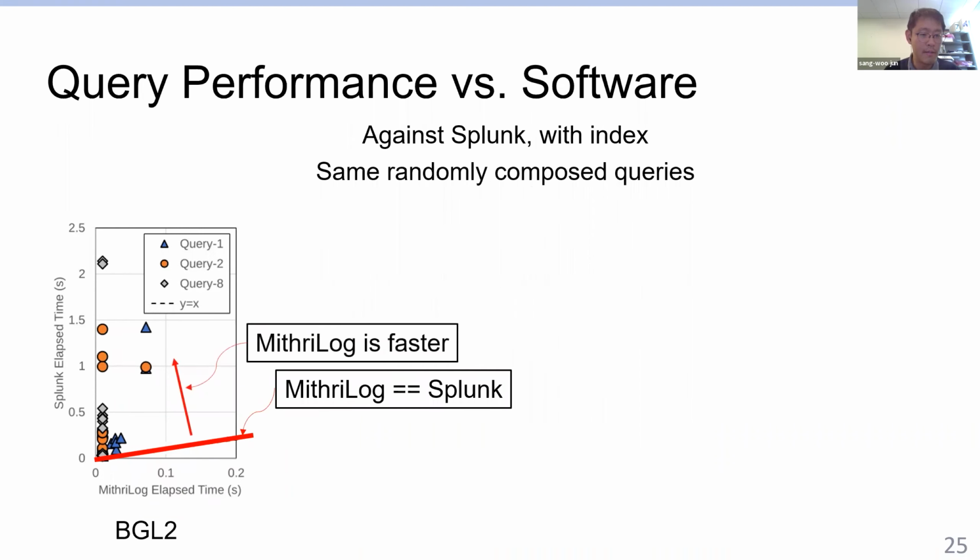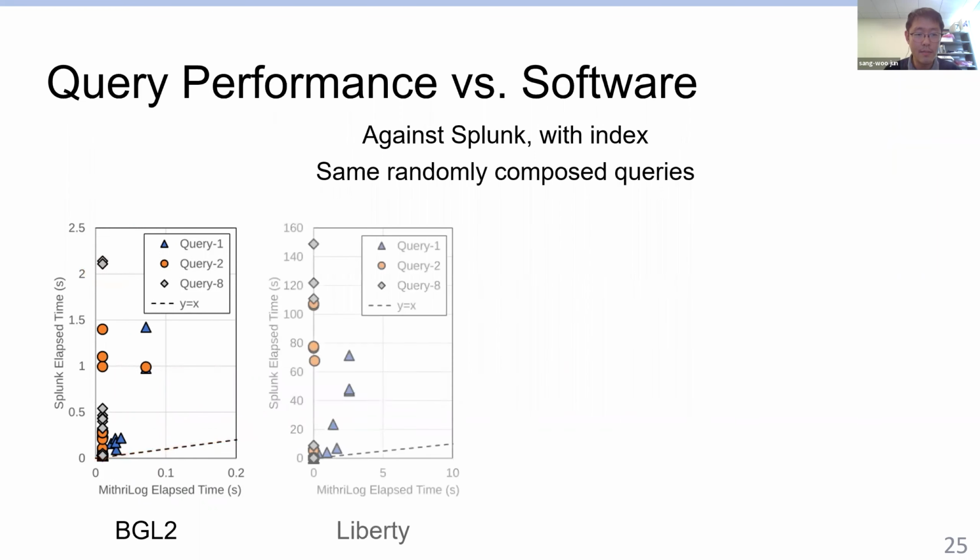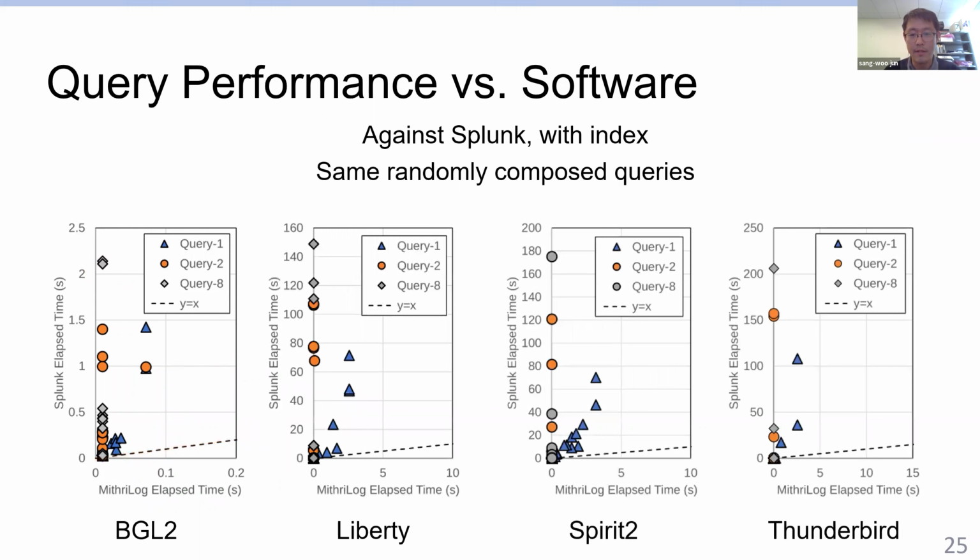So everything above this line is where our hardware implementation is faster. With more complex queries, say a combination of 8 queries, our deterministically high throughput gives us really high performance compared to the software implementation. And this pattern pretty much maintains for all of the logs that we've tested, which gives us a lot of confidence.